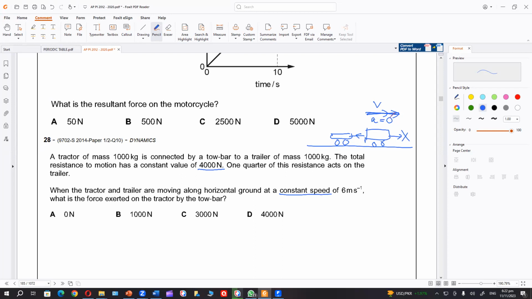Total mass, one object is 1000 kg, the other is also 1000. 1/4 of this resistance acts on the trailer.